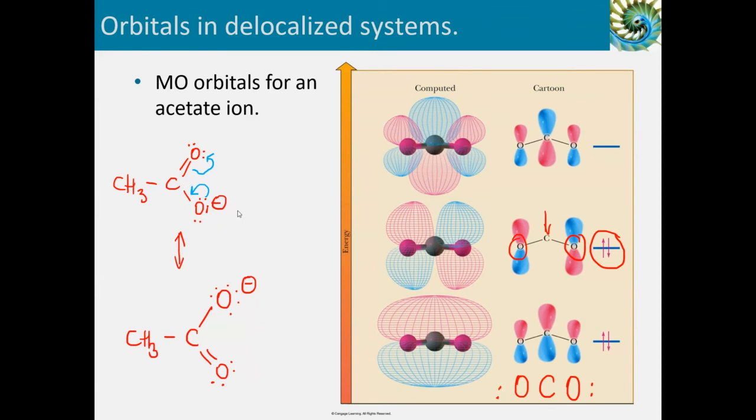Professor, I have a question. Mm-hmm. So back to the cartoon. In the middle, you said that that's the image that shows that the electrons are localized on the oxygens, right? That's correct. Yes. And that's because there's no p orbital for carbon, so that means that the electrons can't travel to the carbon. Yes, that means that electrons cannot travel from one oxygen to another.